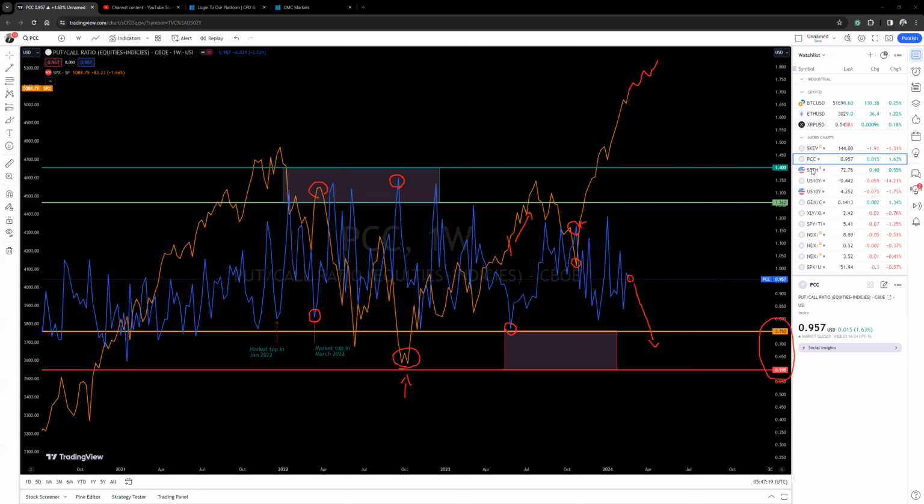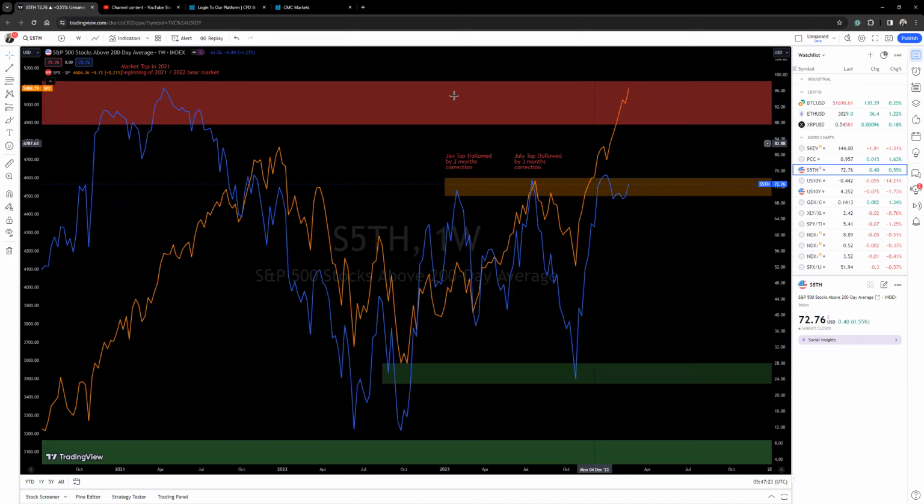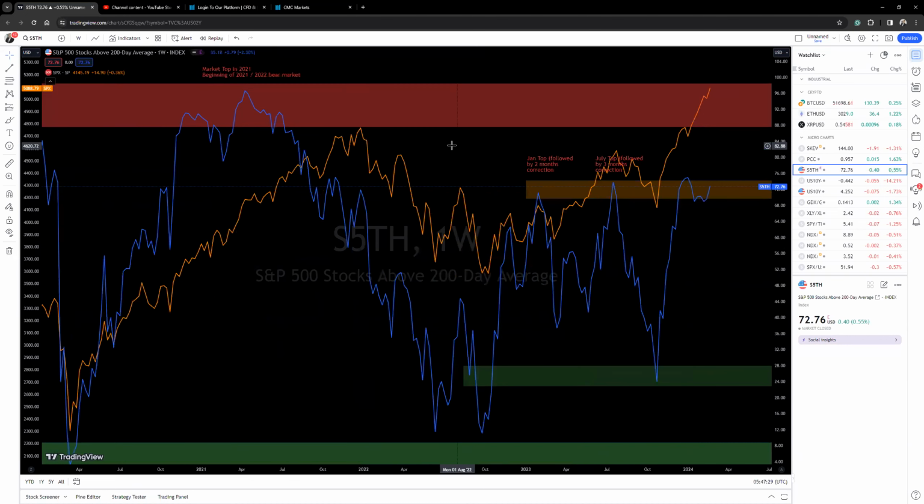All right. The next one is market breadth. As you see here, the market topped when breadth was pretty high, and it's a good correlation with the market. So here is the top for market breadth, and this is a top for the S&P 500. So the S&P 500 is coming down.